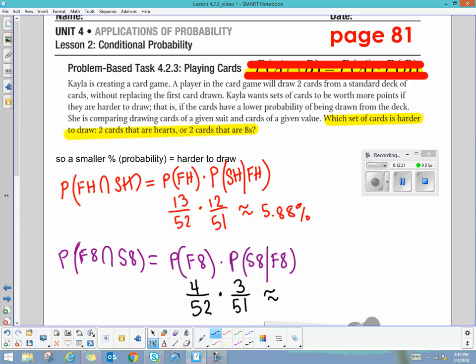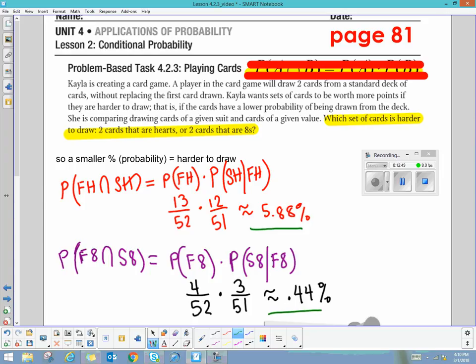So I think you can kind of already tell we're going to get a smaller answer here, since conceptually it should make sense, right? There are fewer cards with an 8 on it versus cards with hearts on it. So this is giving us a very small percentage of 44/100ths of a percent.